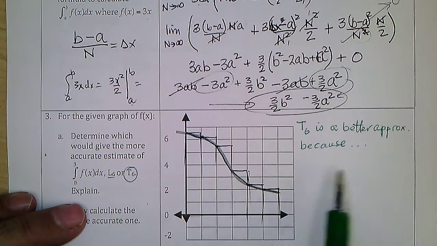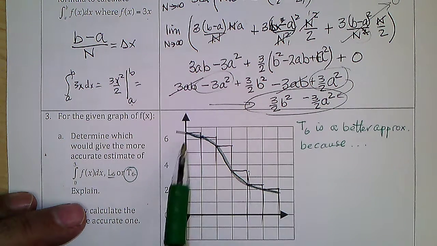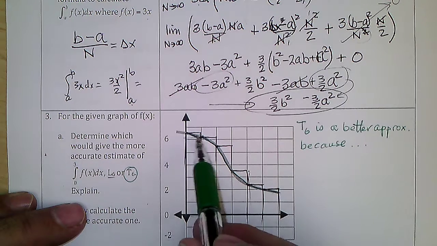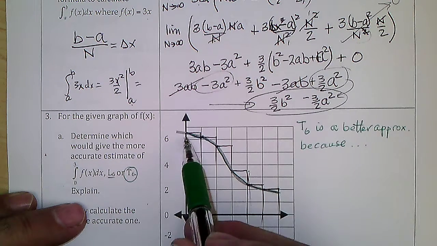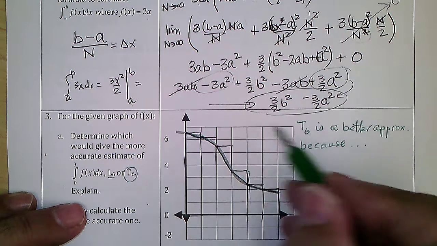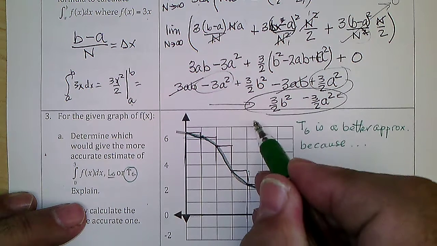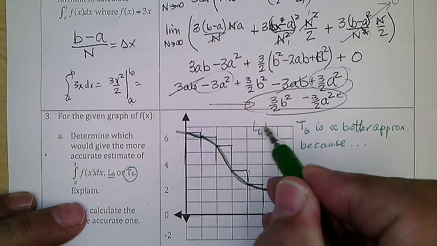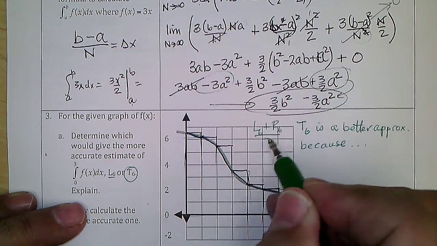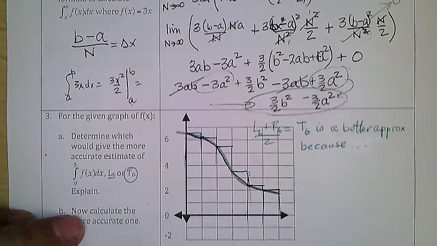Or you could say T6 is better because it would do the average of the under and over, which is also another way to get T6: do left 6 plus right 6 divided by 2. That's the same as T6.